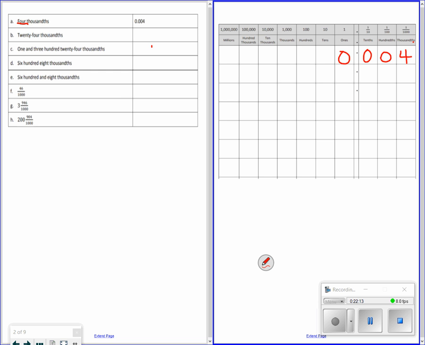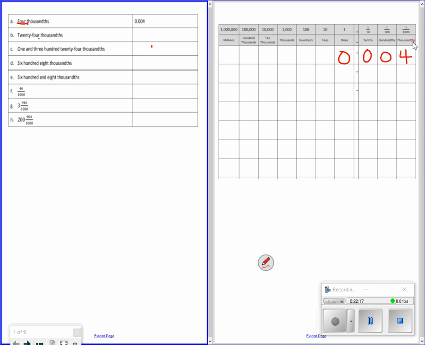So the second one, 24 thousandths. I'm going to do a lot of underlining because that's just what I do to point things out. I know that I have to make the number 24. I also know that the 4 is in the thousandths place.